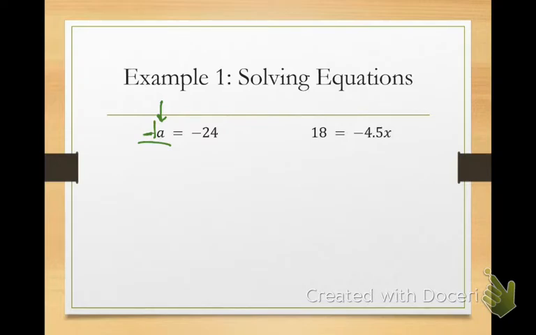You can't leave it with the variable. So divide both sides by negative 1. And what's negative 24 divided by negative 1? Remember your rules. 24. Positive, yes. It's positive 24 because there's an even number of negatives.